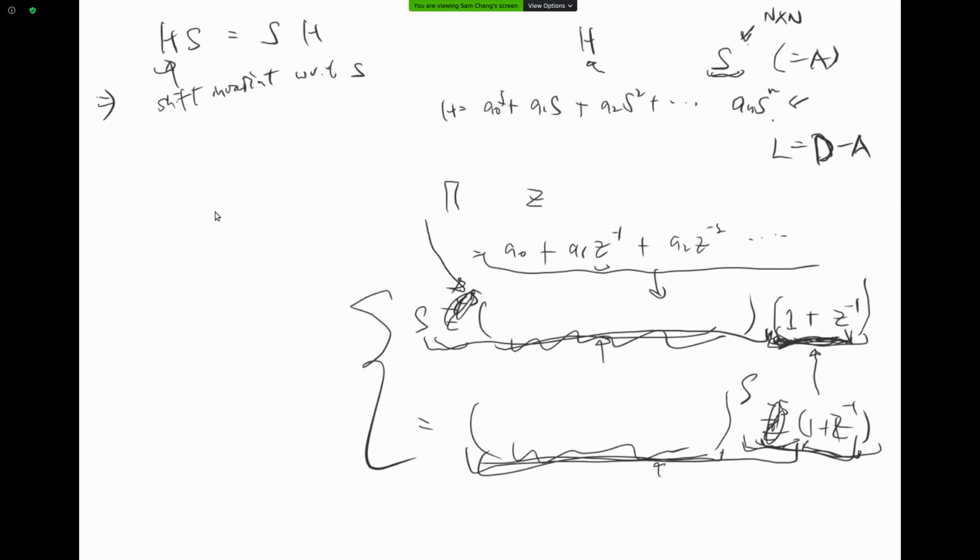Let's see what else I should talk about. Okay, I just mentioned the connection of this form here with classic signal processing. It's a very natural extension. By the way, in classic signal processing, any shift invariant filter, first of all, if I can write down the filter with its Z transform, then immediately you see that I have this shift invariant property satisfied, right?